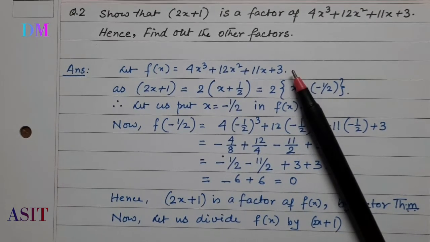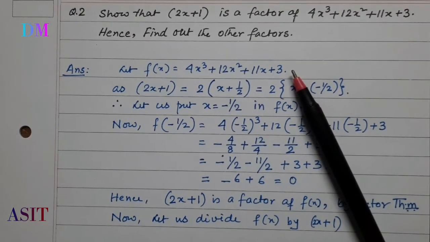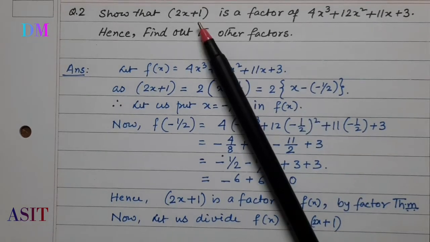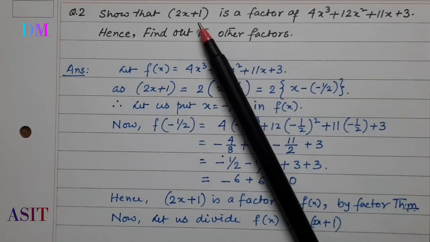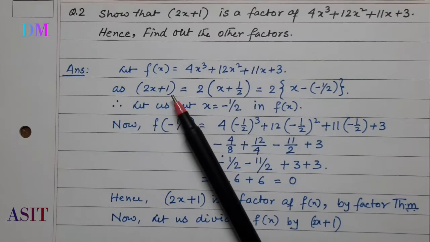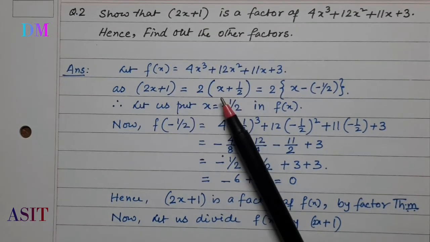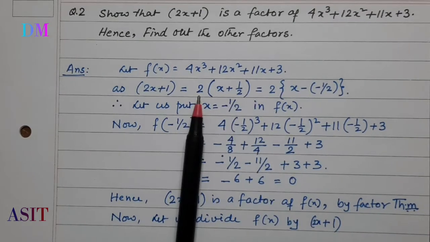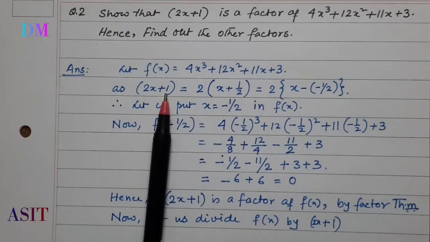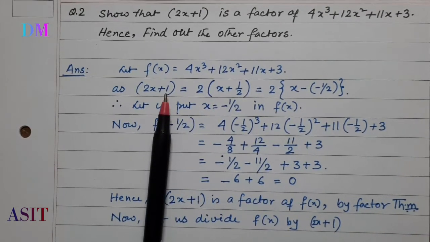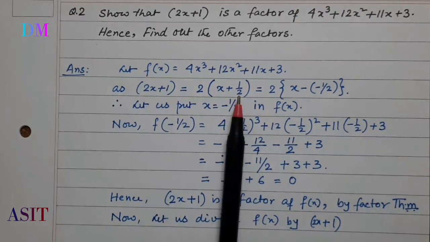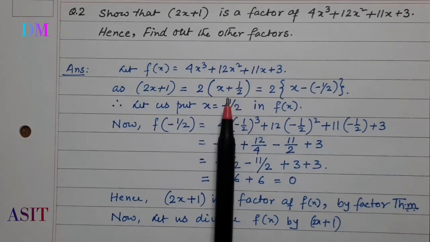Now here also I will assume f(x) as the given polynomial. Now we need to check 2x plus 1 is a factor. So we can write 2x plus 1 as this. Here 2 is taken common. Since this number is not a multiple of 2, after taking common 2, it will be divided by 2.